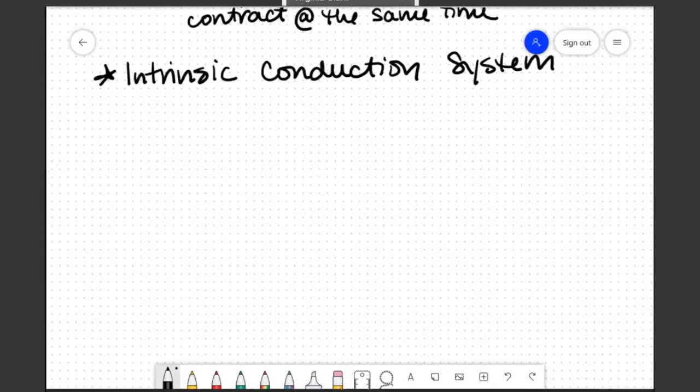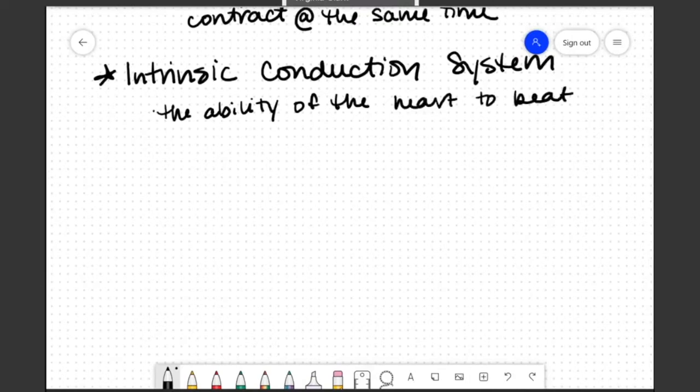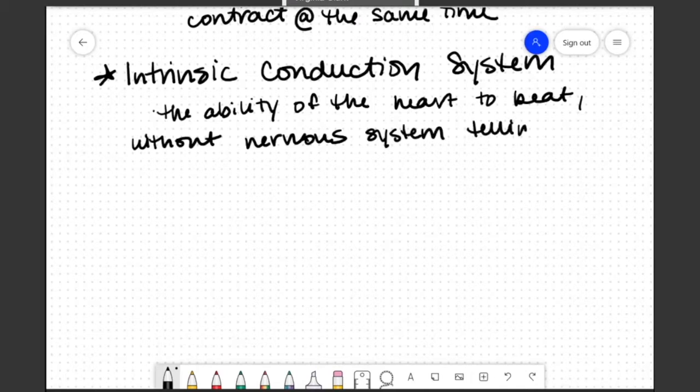So what the intrinsic conduction system is, it is going to be the ability of the heart to beat without nervous system communication, or without the nervous system telling it to contract.